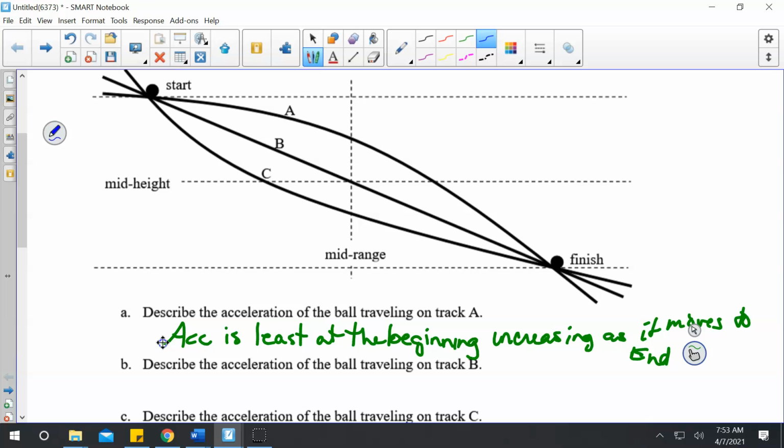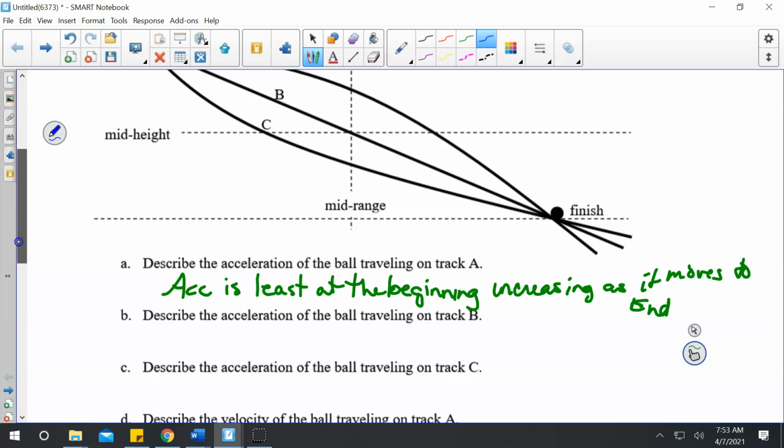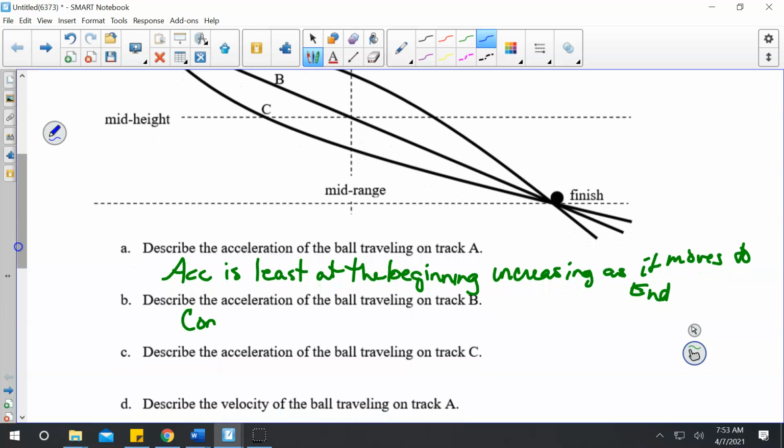Okay. On track B, since the slope of that track is constantly the same, we would say that it has a constant acceleration because the slope is not changing.